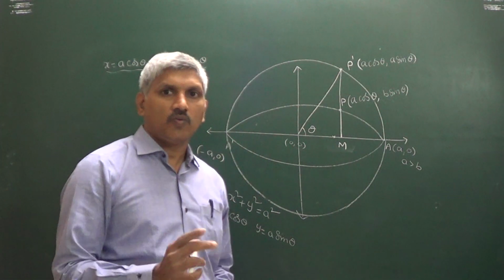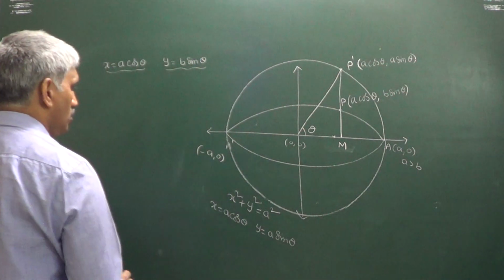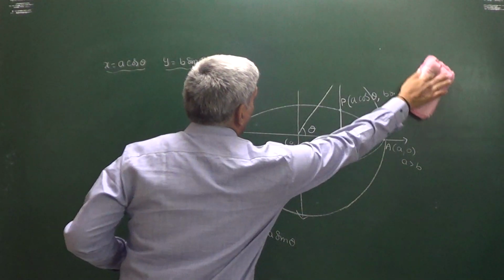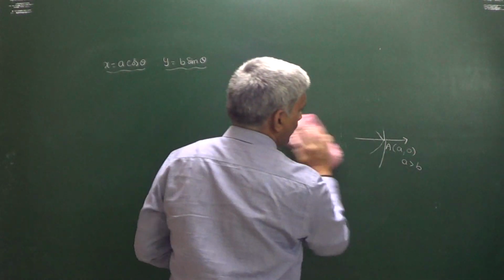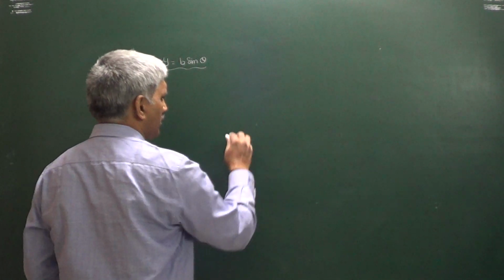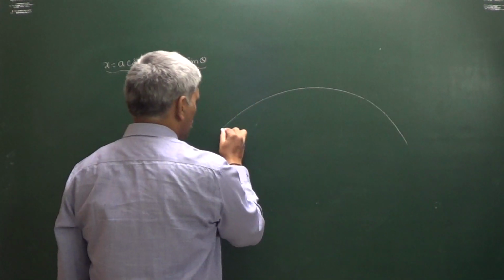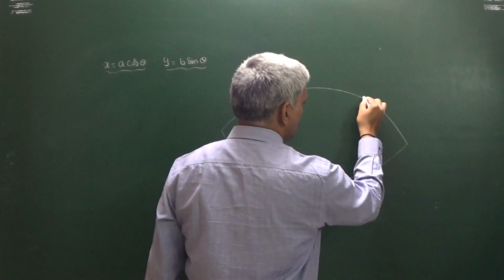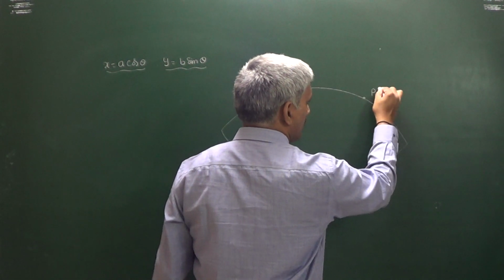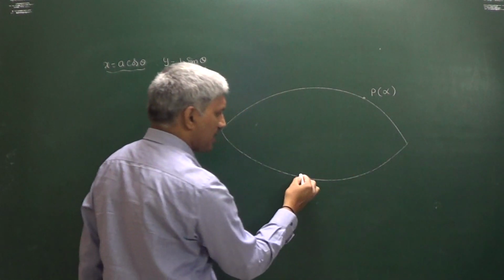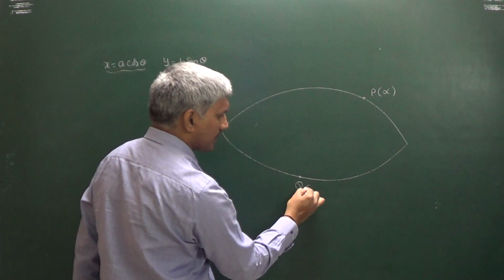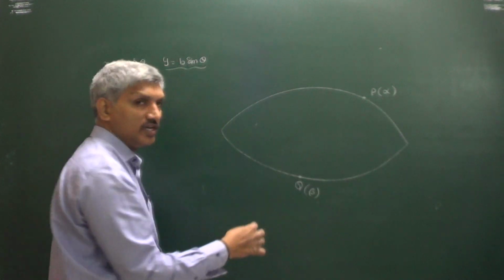Now what is the equation of the chord passing through 2 points P x1 y1? As we discussed, S1 plus S2 is equal to S12. Now what I am doing here is, here there is a point P, let us say that is alpha, and here there is a point Q, let us say that is beta. And what is the meaning of alpha?